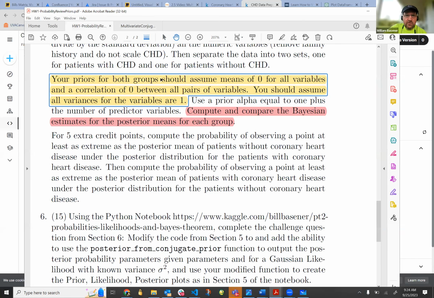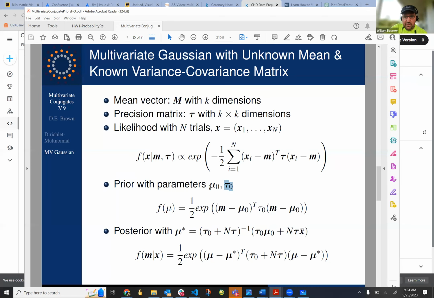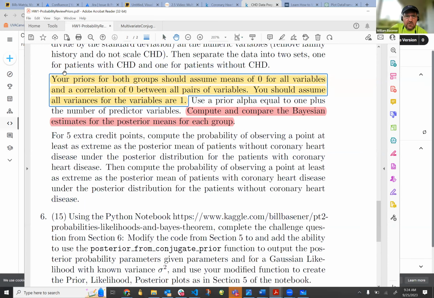It says your priors for both groups should assume a mean of 0. When I say a mean of 0, instantly in terms of the formulas, I'm thinking this variable here is just going to be a vector of zeros. It's going to be 8 zeros. And a correlation of 0 between all pairs of variables, and you should assume all variances are equal to 1.